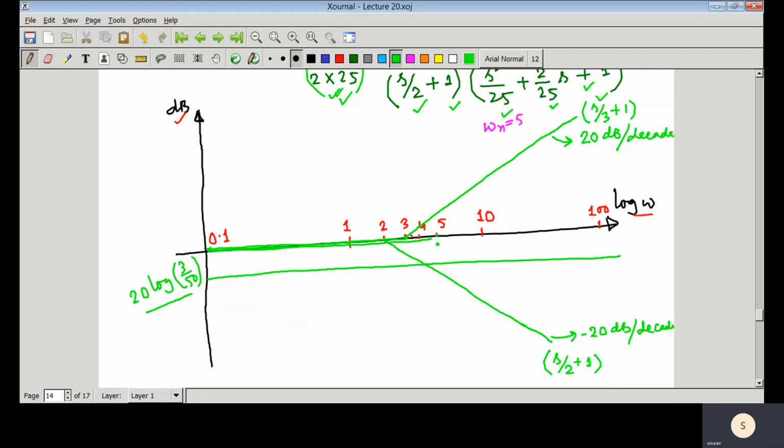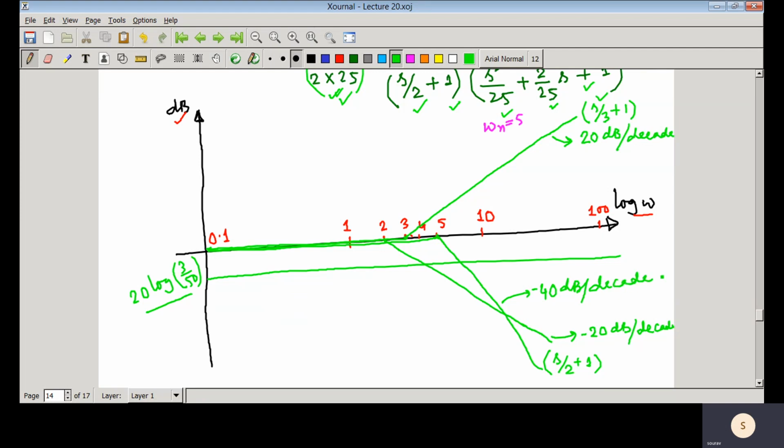So up to 5, and then the slope would be different because that slope is 40 dB per decade. So here that is in the denominator, so the slope is 40 minus 40 dB per decade.